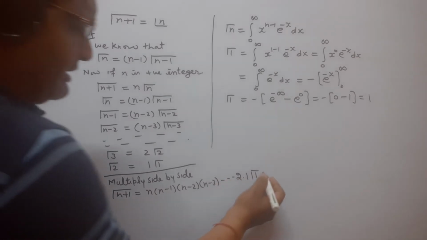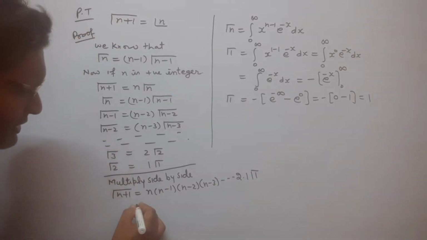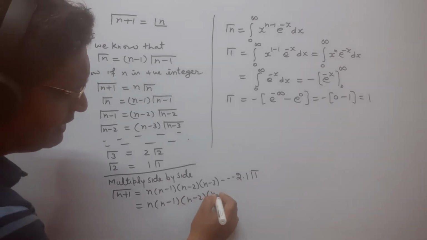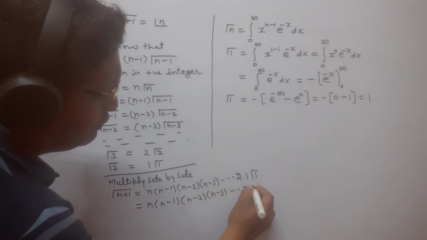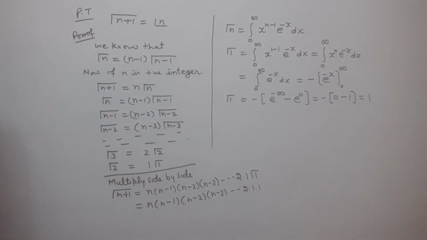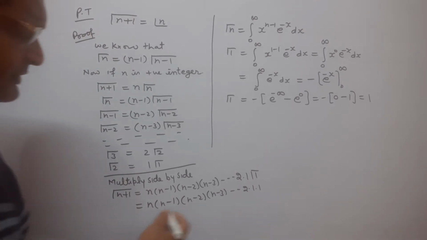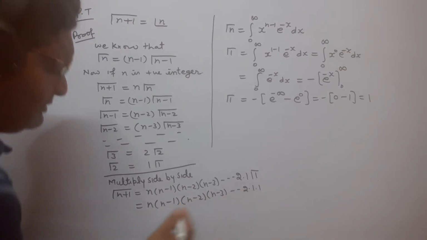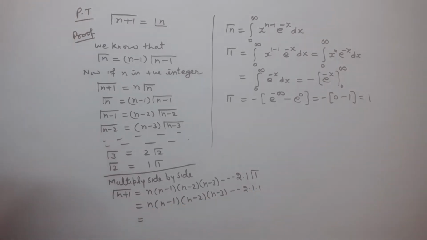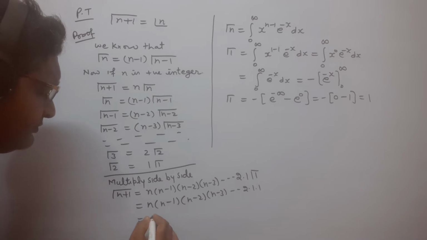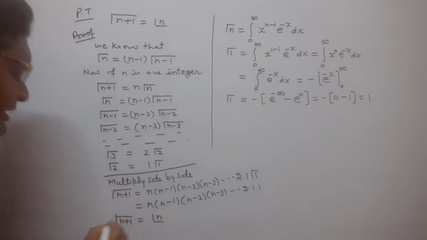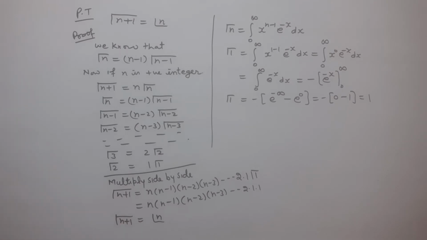Now we put gamma 1 is equal to 1, so this is n minus 1, n minus 2, n minus 3 and so on, 2 multiplied by 1 multiplied by 1. We know that the product of n consecutive natural numbers can be written as n factorial. So gamma n plus 1 is equal to factorial n.